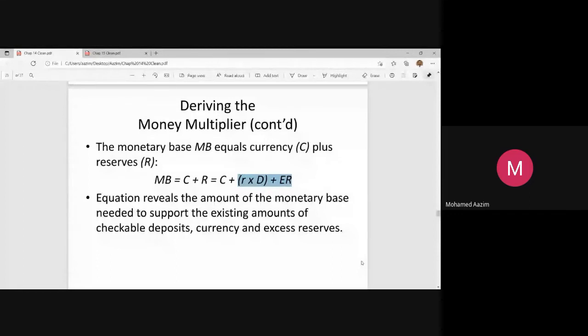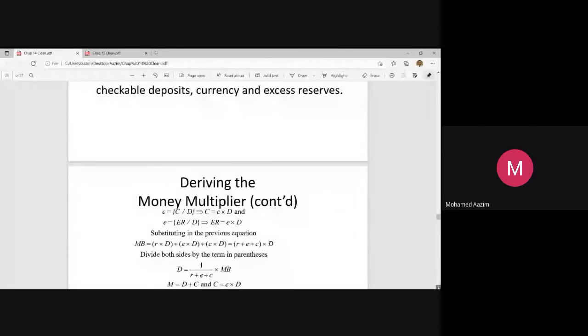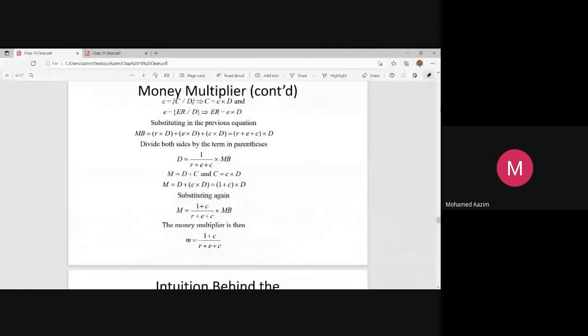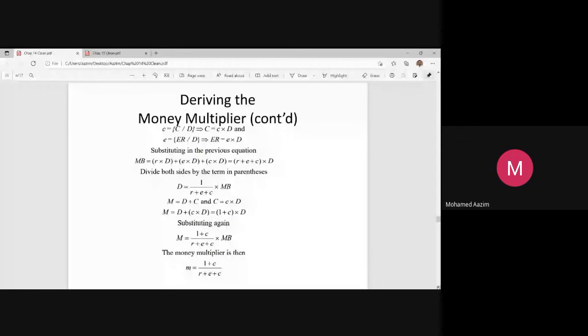The central bankers often look at these variables for different analytical purposes and also for their monetary policy decision-making process. Right. So we will move on to further elaborate this equation in terms of deriving the money multiplier.